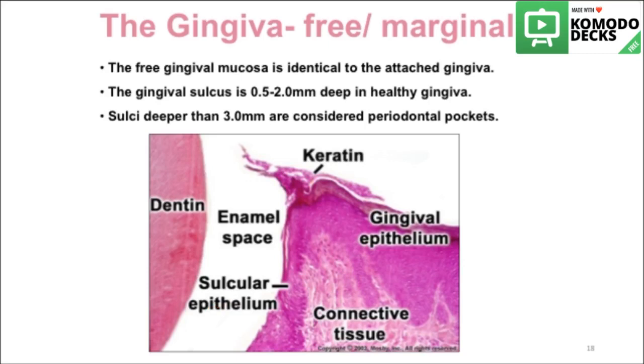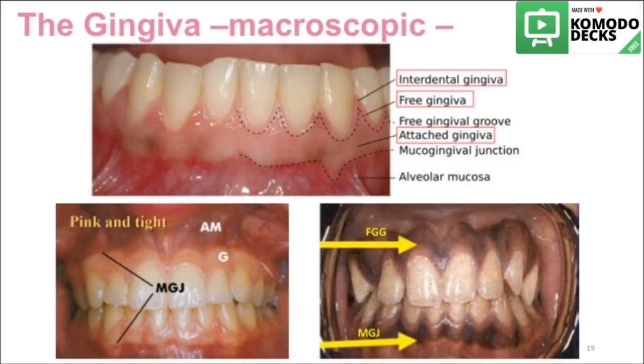Normally the gingival sulcus is 0.5 to 2 millimeters deep, and if it is more than 3 millimeters it's called a periodontal pocket, which is an unhealthy condition. We can see the color, the alveolar mucosa, the attached gingiva, and the mucogingival junction in between.